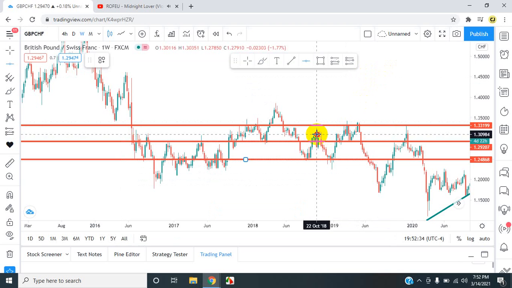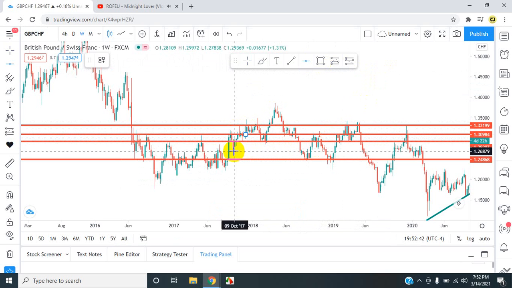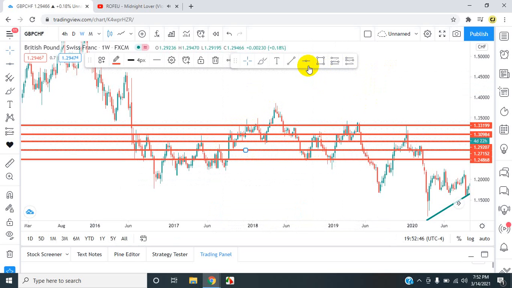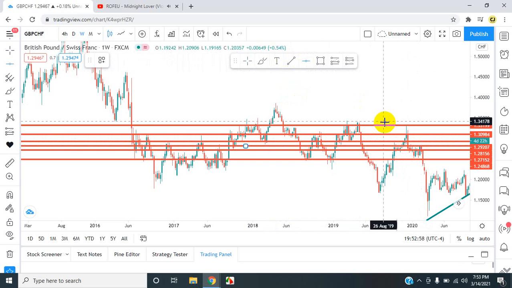There's a peak here. There's a peak there. There's something going on here. There's a peak here. There's an inverted peak here.